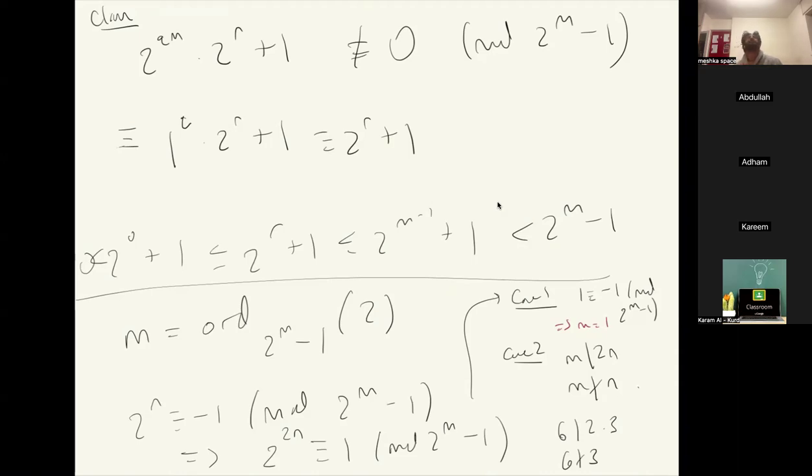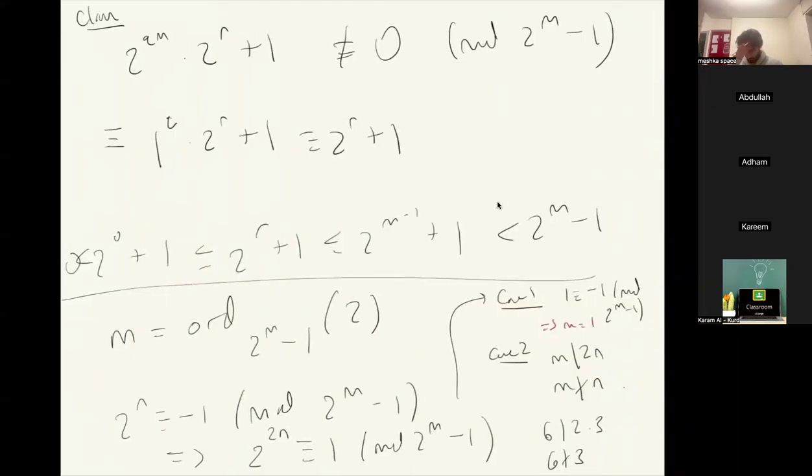M cannot divide any prime that divides n. Not sure.